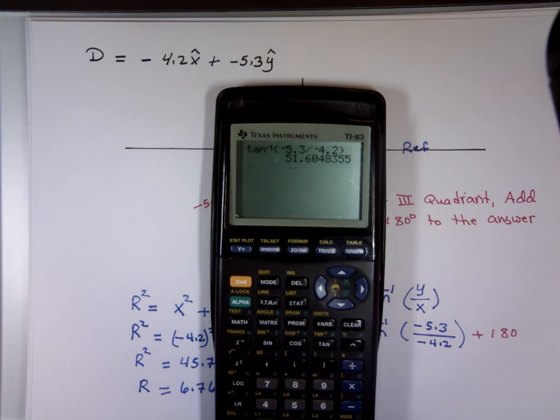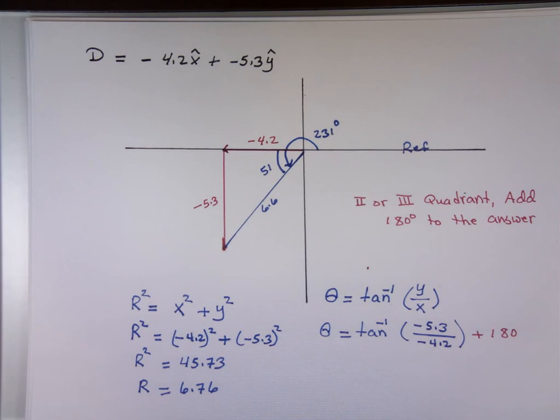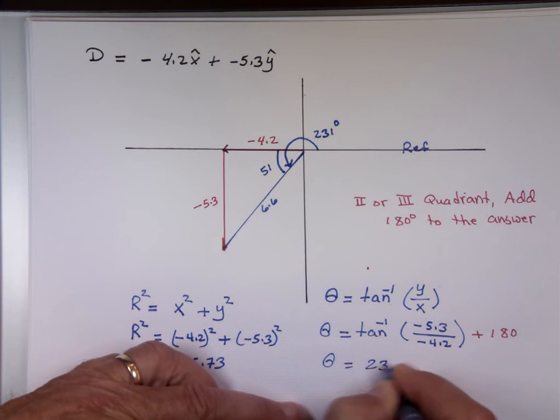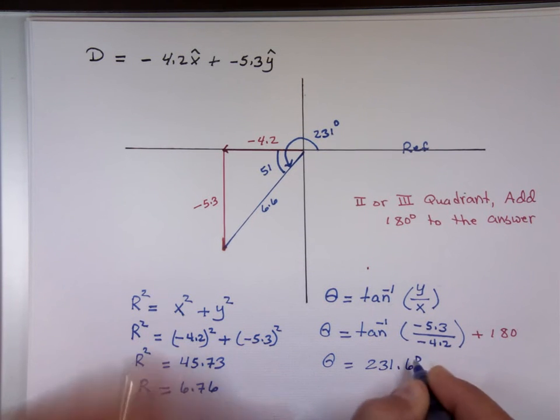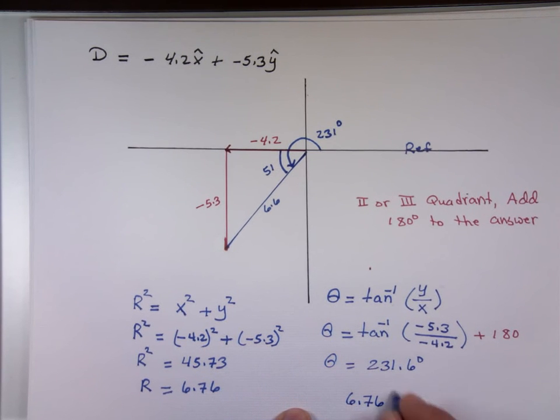Now you add to it 180. And it should be 231.6. So what is theta here? 231.6 degrees. So the result is 6.76 at an angle of 231.6.